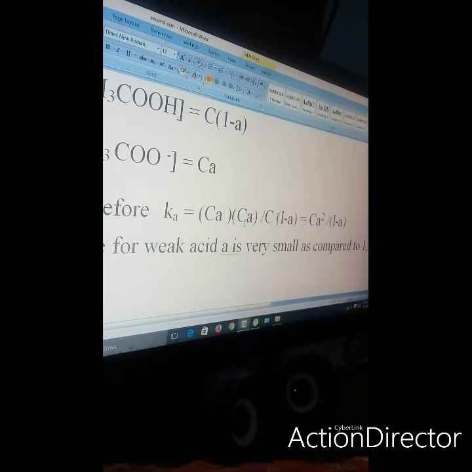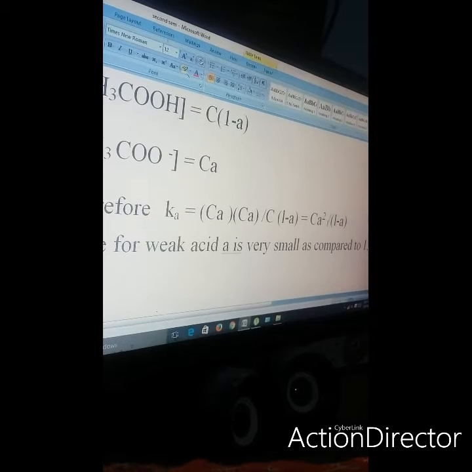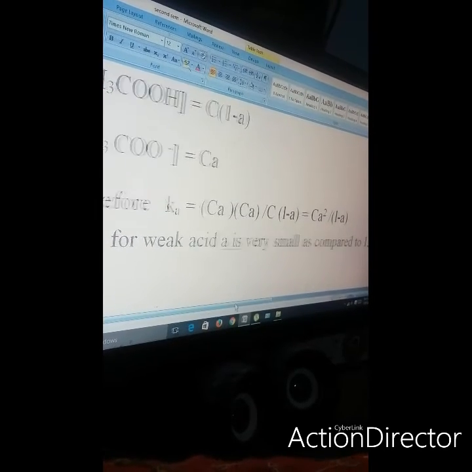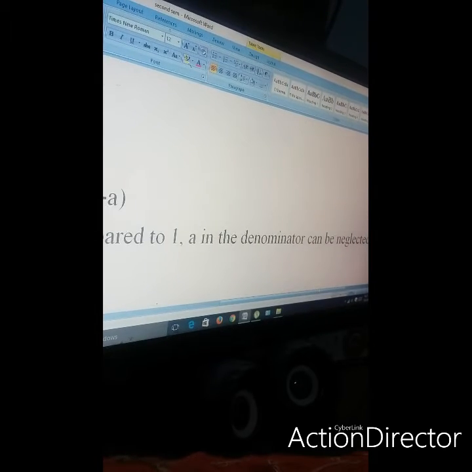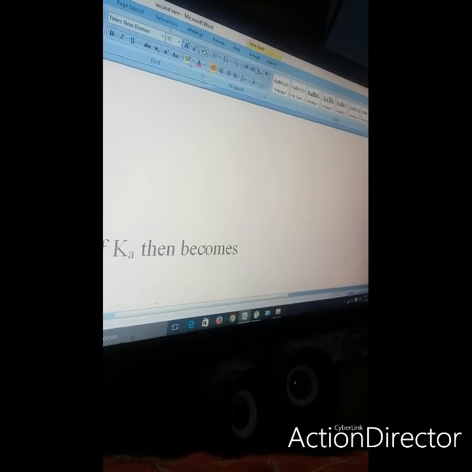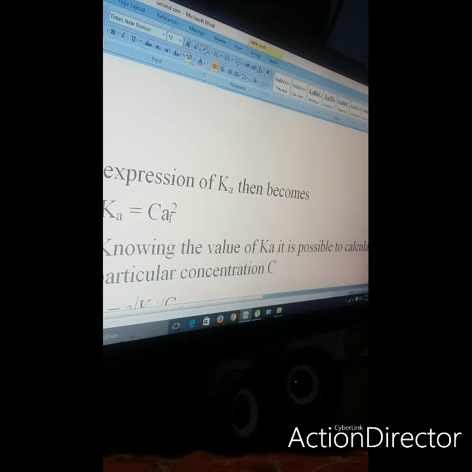One C will get cancelled and you are left with C alpha squared upon 1 minus alpha. Since for a weak acid alpha is very small as compared to 1, alpha in the denominator will be neglected, and finally the equation left is Ka is equal to C alpha squared.